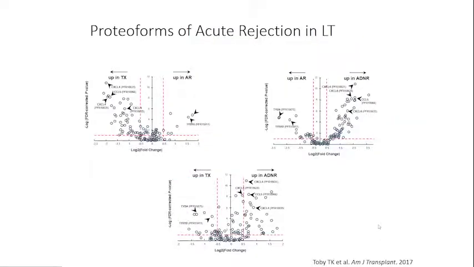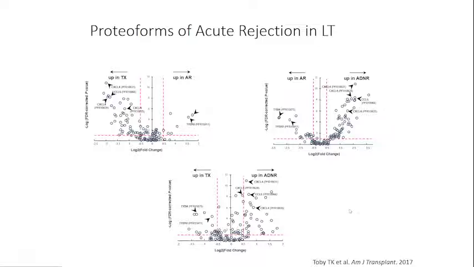We've also investigated proteoforms of acute rejection, which are modified proteins using a top-down proteomics approach that we have here at Northwestern. And we're currently in the phase of discovering more and trying to validate more in a number of these samples.